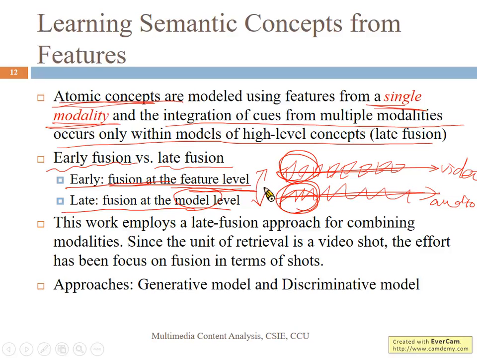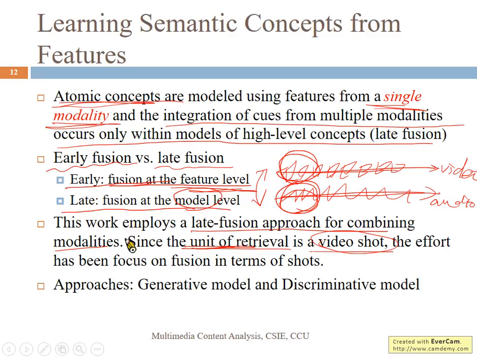This work employs a late fusion approach for combining modalities, since the unit of retrieval is a video shot, and the effort has been focused on fusion in terms of shots. This is why we introduced video shot change detection in the very early stage of this class, because it is the most fundamental process for video analysis.